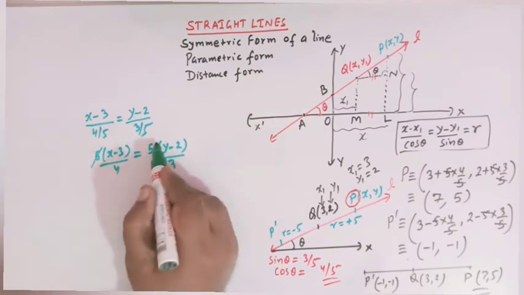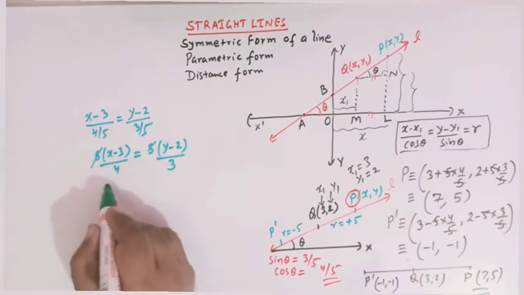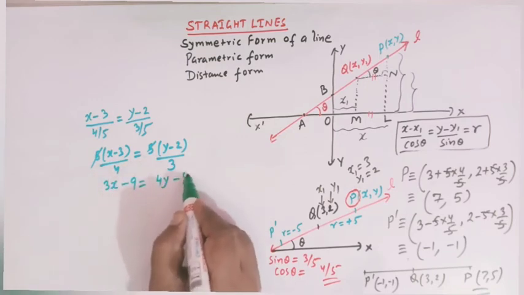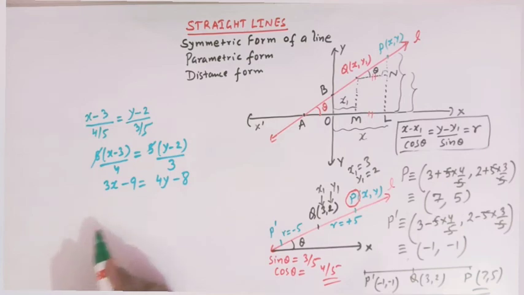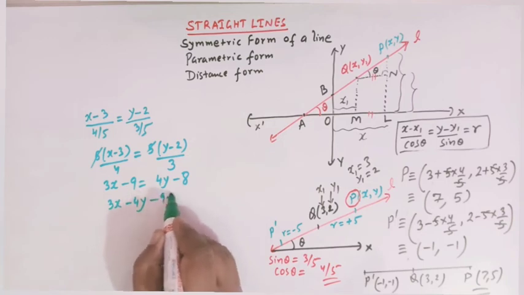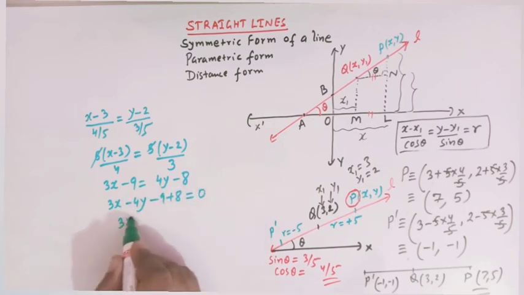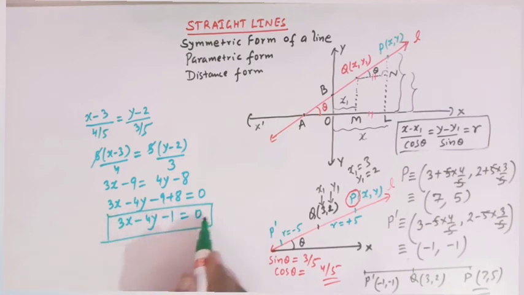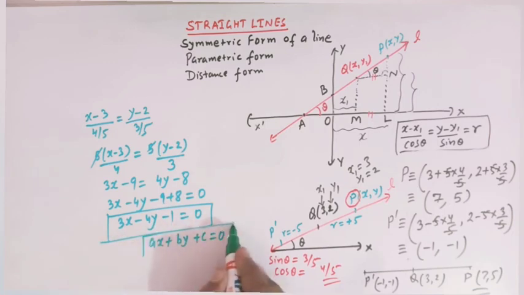And we can cancel out these two 5s here, and we can simplify it. So this is 3x minus 9, and this is 4y minus 8, taking the cross multiplication here. And we can now write 3x minus 4y, and here we have minus 9 plus 8 is equal to 0. So this is 3x minus 4y minus 1 is equal to 0. So this is the equation of this line in the form ax plus by plus c is equal to 0, and this form is known as the general form of the equation of a straight line, right?